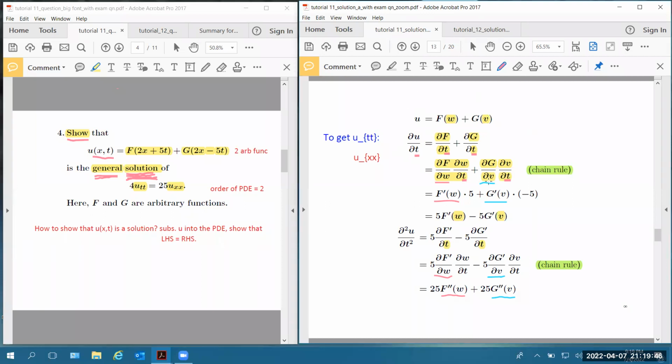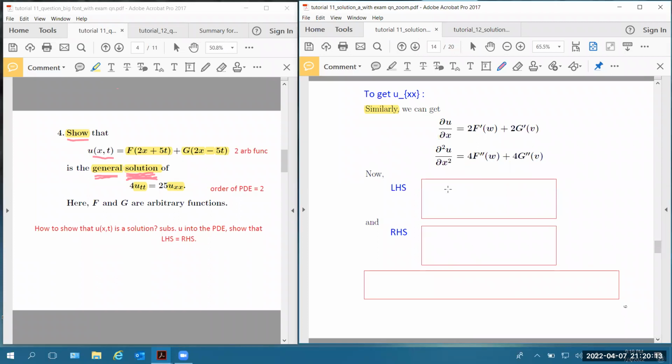All right. So if you do that, and then when you come to del square U del X square, also the same thing. Then you will get the answer. Of course, the answer will be different because here you will have del W del X, del V del X. The numbers are different. But the way of doing is the same. So you just change your del T to del X. Similarly, earlier on you got your del T, right?